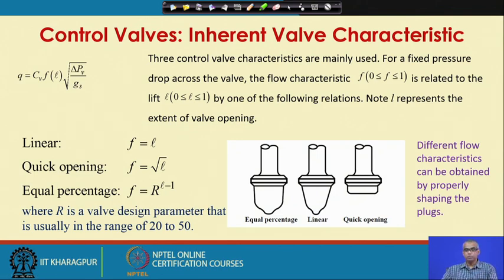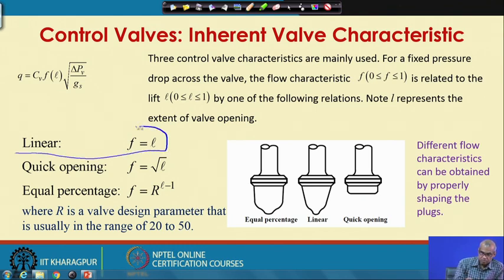The three types of control valve characteristics are linear, quick opening and equal percentage. The linear valve characteristics is represented as f of L equal to l.